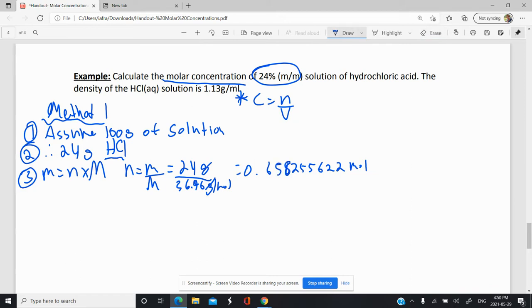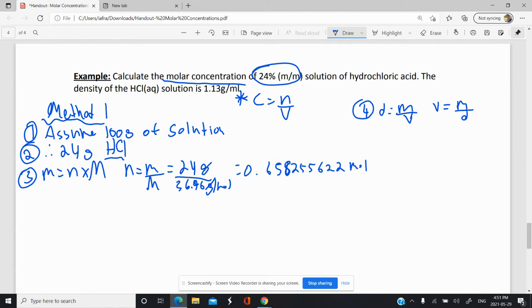We need our volume. We know our mass. We said assume 100 grams. Since we're assuming 100 grams, we can find the volume because we have our density. Remember, density is mass over volume. So if we want volume, volume is mass over density.